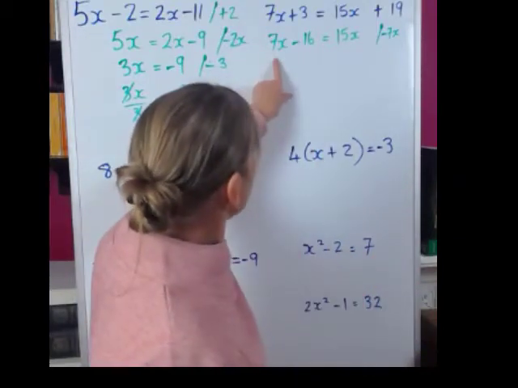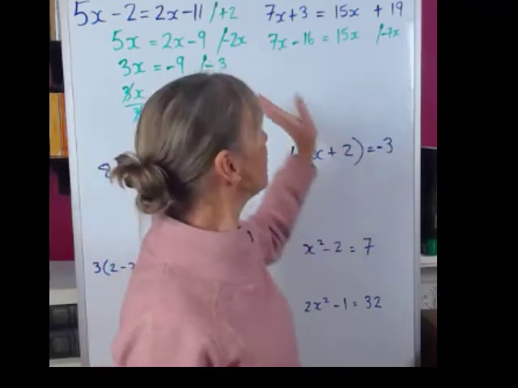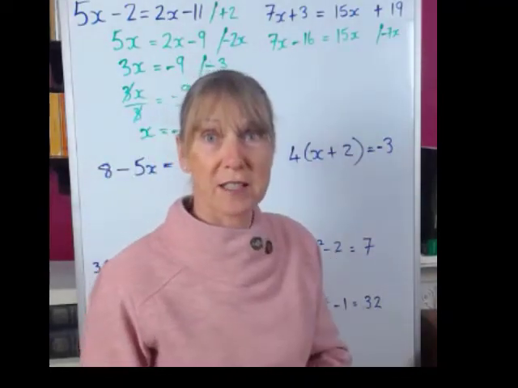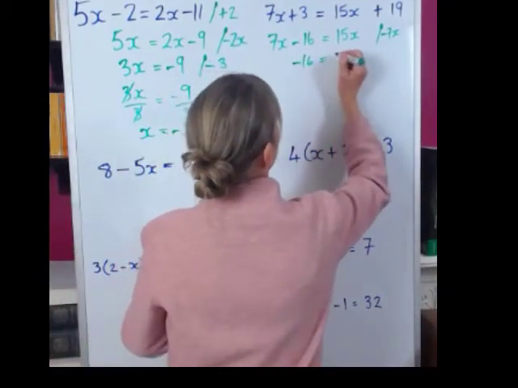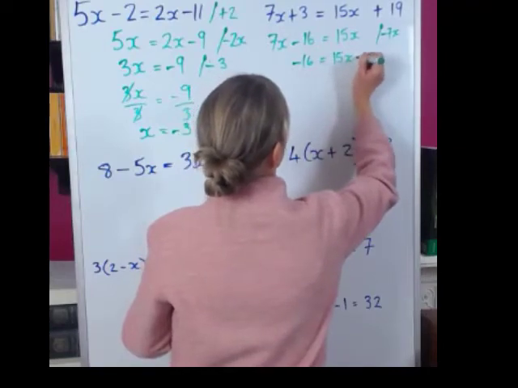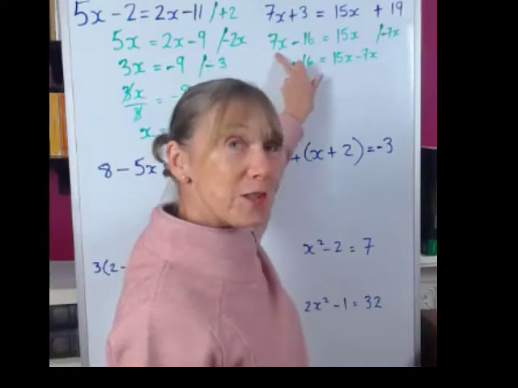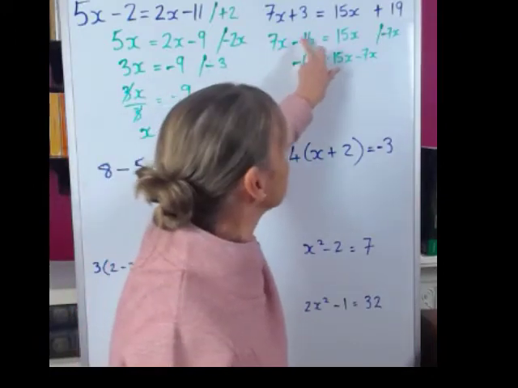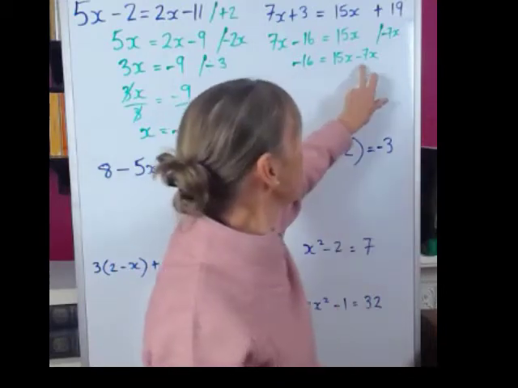So we've got 7x on this side. If we want to take the 7x to the other side, we can just move it across and change the sign. For instance, I'll do that with an extra step here. So you can see that I can move the 7x over the equal sign, but the cost of doing that is always changing the sign.